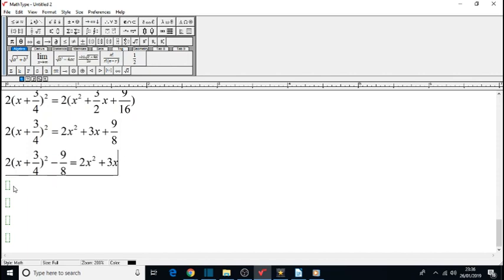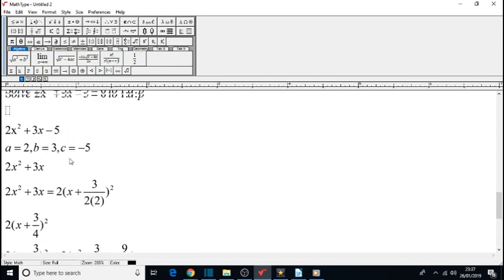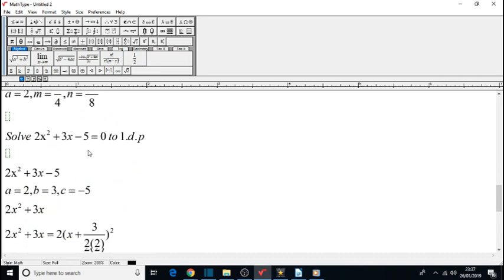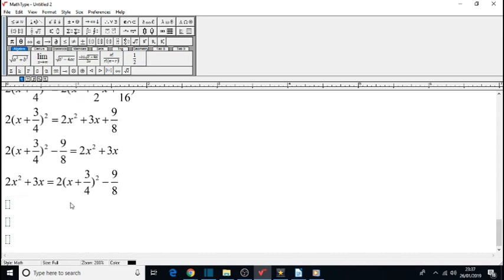So we'll just switch positions, still equal to each other. 2x² + 3x is equal to 2(x + 3/4)² minus 9/8. Because this equation is 2x² + 3x minus 5, we've already got 2x² + 3x, so we just add the minus 5. What you do to the left hand side, you do to the right hand side.